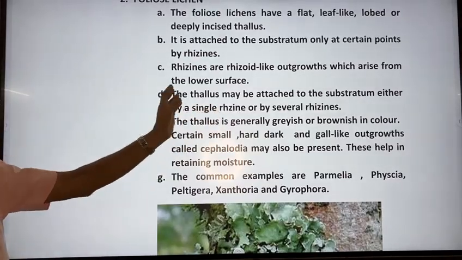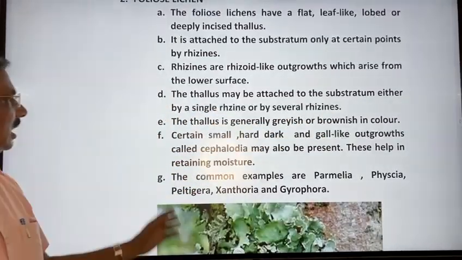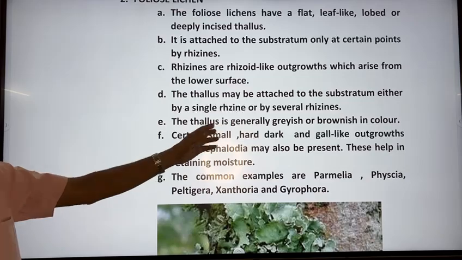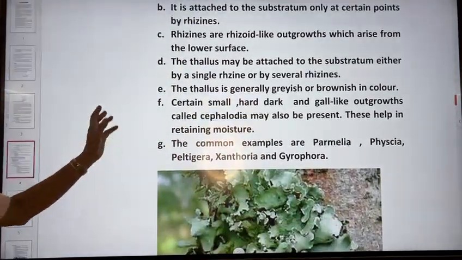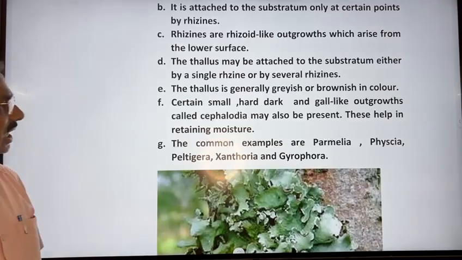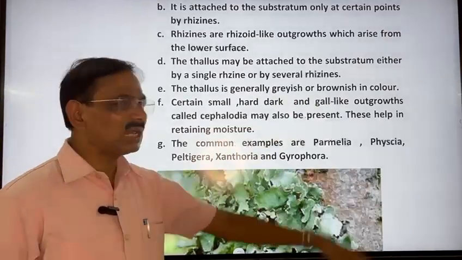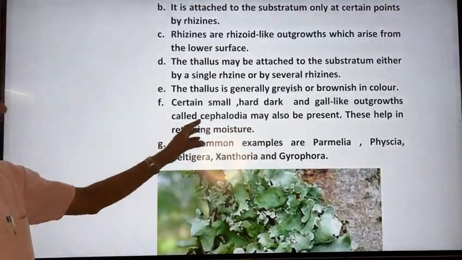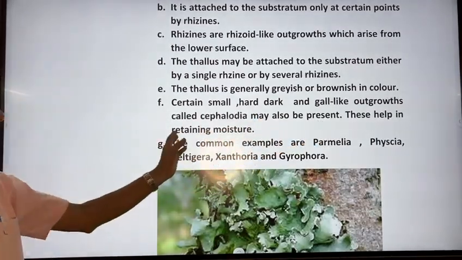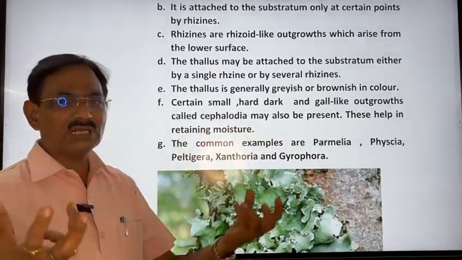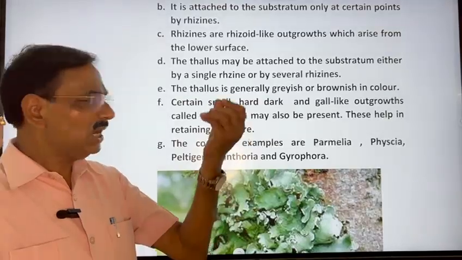The thalli are found attached either by a single rhizine or by several rhizines. Certain small, dark colored and gall-like outgrowths are found, and they are called cephalodia. These help in retaining moisture from the atmosphere.